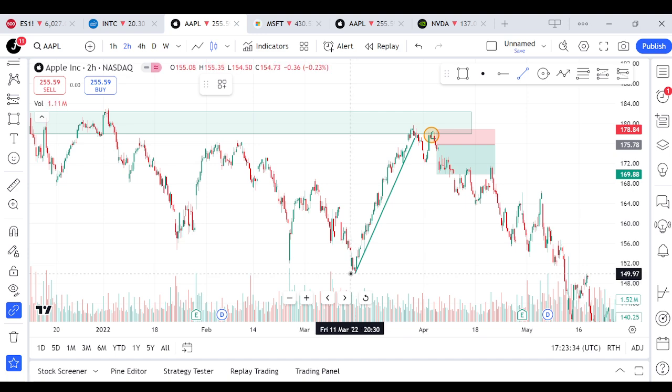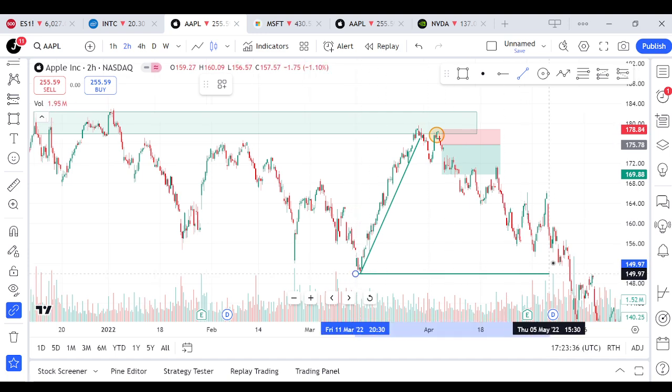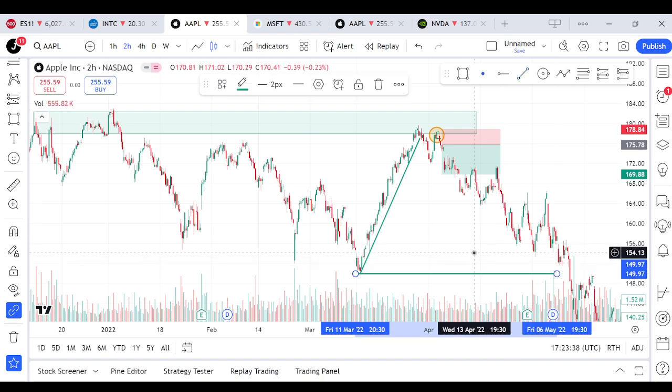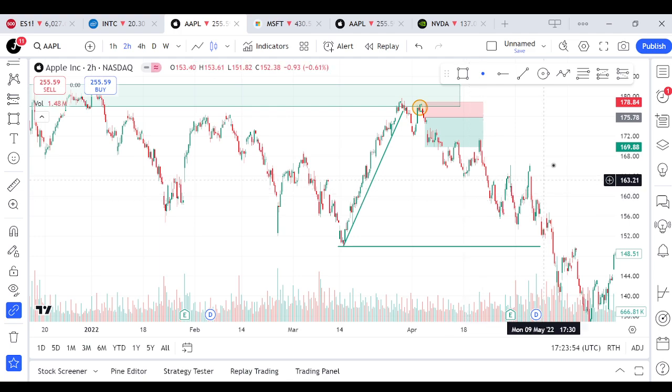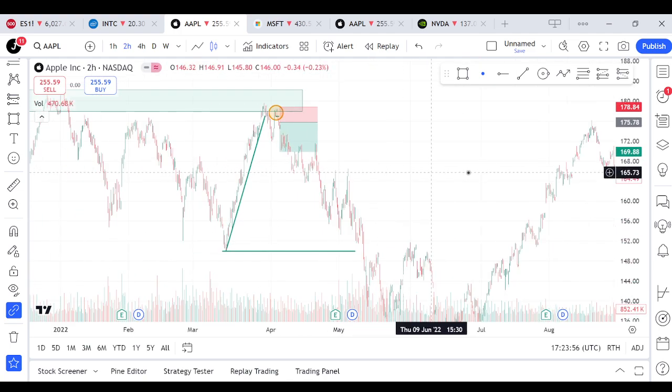Also, a conservative approach suggests taking partial profits at a 1:1 risk to reward ratio while letting the remainder run to capture extended moves. This pattern works particularly well when it forms near major resistance levels or psychological price points. So let's look at another example.